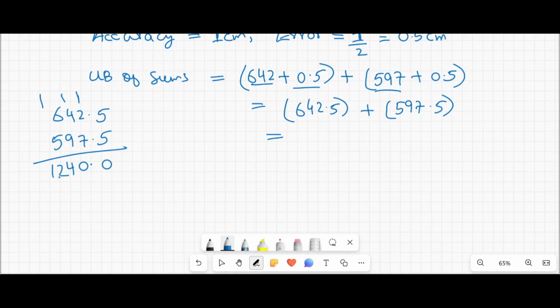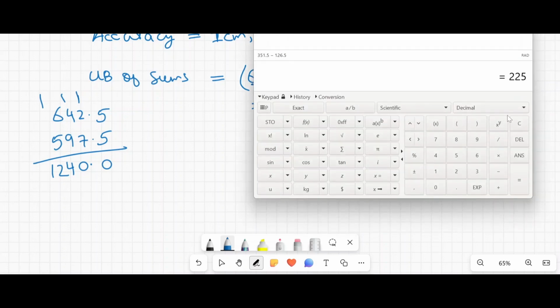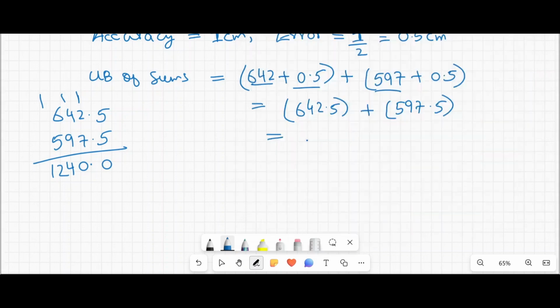Let's check with the calculator. Is it right or is it wrong? Then it's right. That's okay. If it's not right, we will correct it. 642.5 plus 597.5, so this is correct. So 1,240 centimeters.